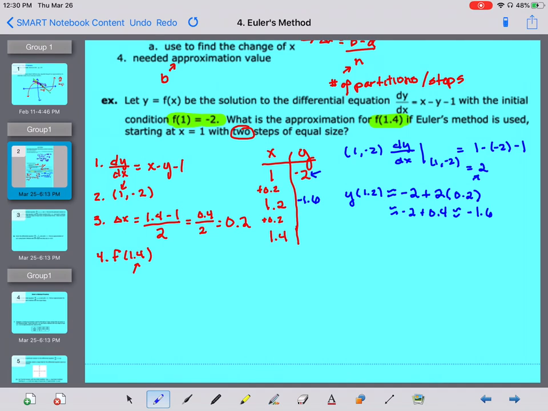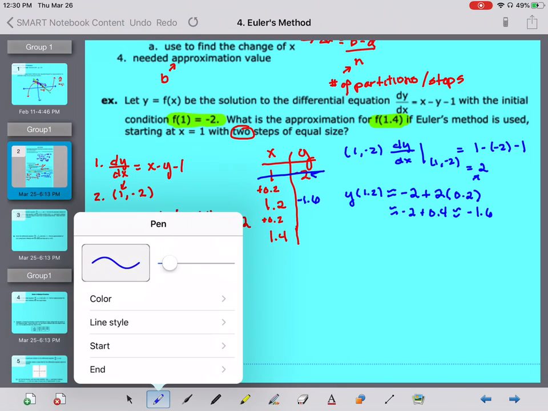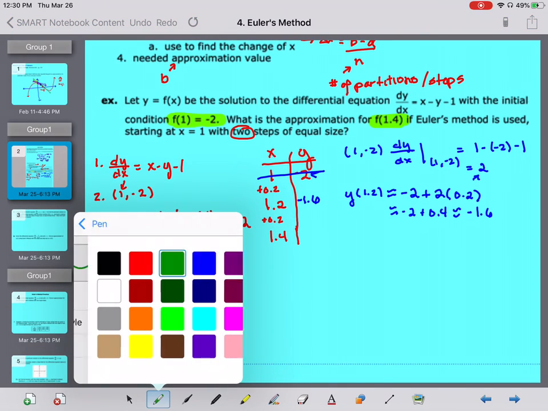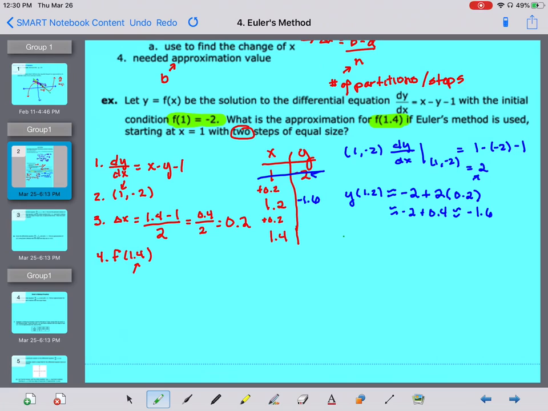So now I know a new point on my graph, so I'm not going to use this point, so I'm going to scratch it out, and I'm going to do the exact same process with that new point, starting from the top. So I'm going to use point 1.2, comma -1.6, and I'm going to calculate what my derivative is first at this point.